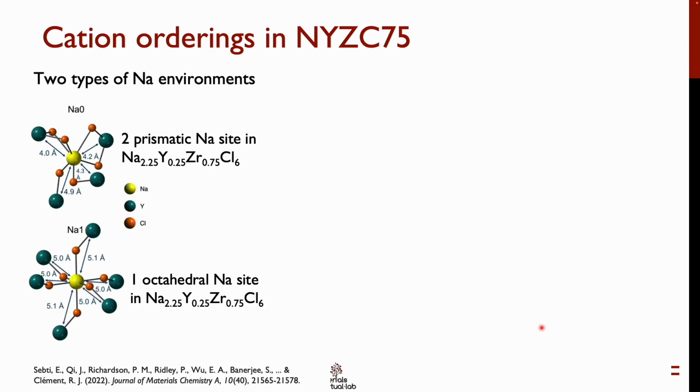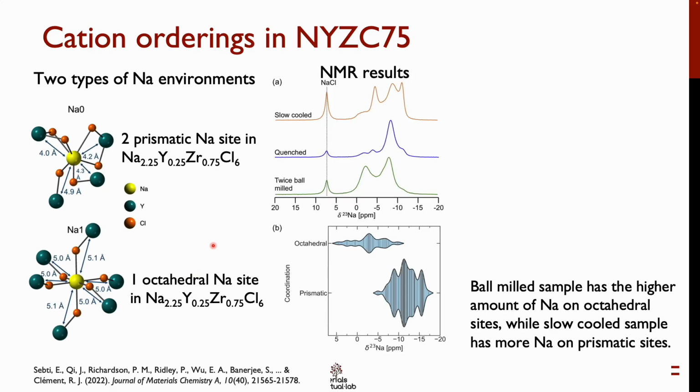For example, we have 2 types of sodium environment in the NYZC system. For each unit cell, there are 2 prismatic sodium sites, while there's 1 octahedral sodium site. And according to our collaborators' NMR results, we see that the ball-milled sample actually has a higher amount of sodium on the octahedral sites, while the slow-cooled sample has more sodium on the prismatic sites.